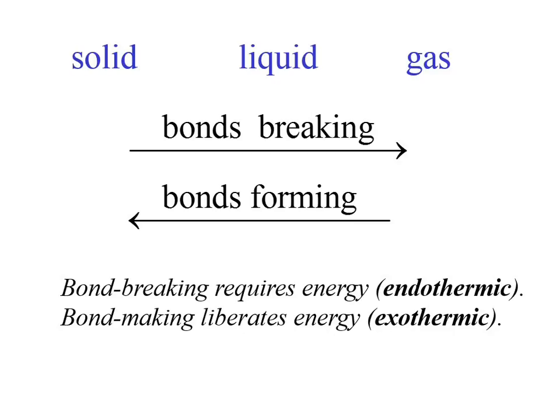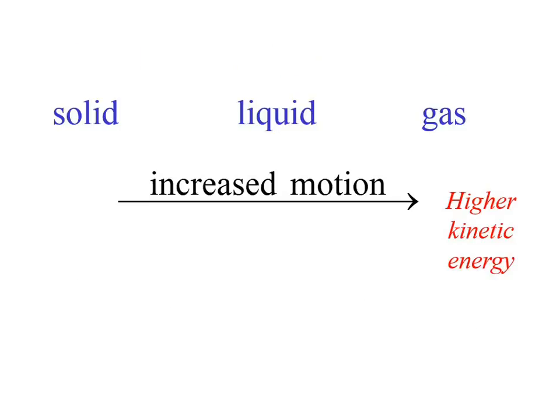Those are exothermic. So we're going to dive into, how much energy does it take to melt something? How much energy is released when a liquid freezes? We're going to quantify those. You're like, do we have to? Yes, we do.